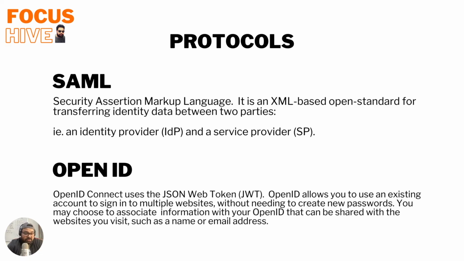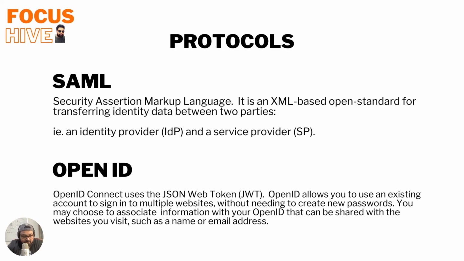It uses a JWT, a JSON Web Token, and if you remember, whenever you're trying to log into any application, it will prompt you, do you want to log in via Google or do you want to log in via Facebook? That's the technology that is using OpenID, and OpenID enables you to use your single account from one application on different other applications.